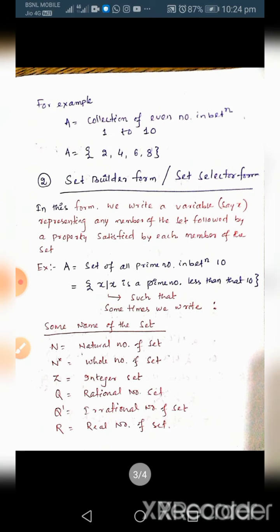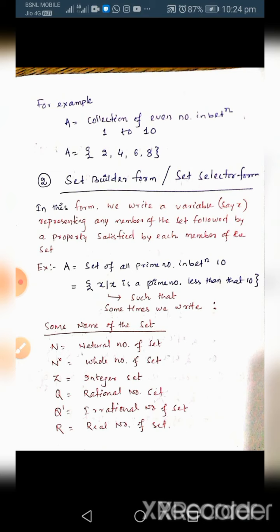That means in set builder form you write the elements of the set in general, using a property, using a formula. You can understand by giving some examples.